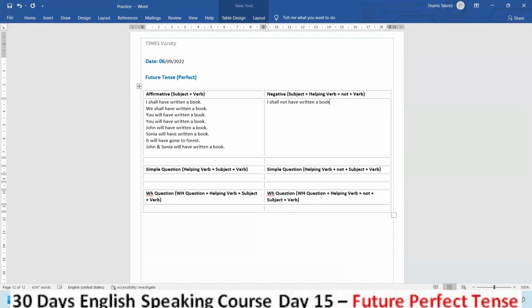That is negative. So let's copy this one and paste here and simply add the word not to make this affirmative sentence a negative sentence.